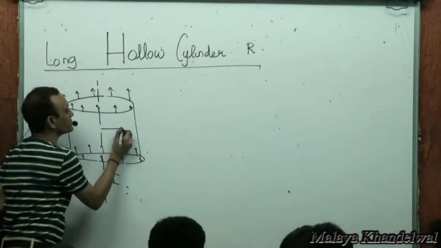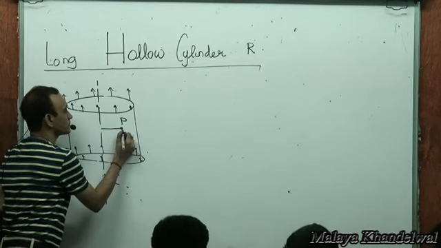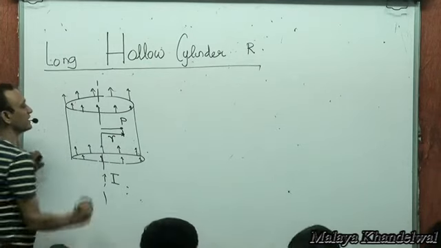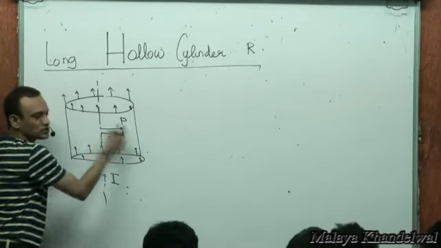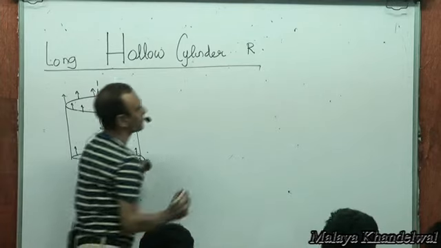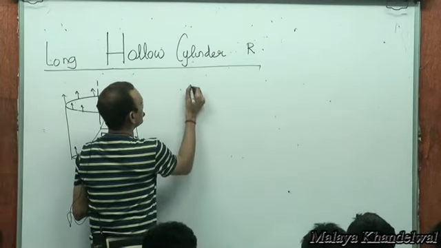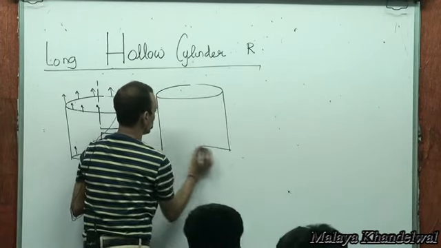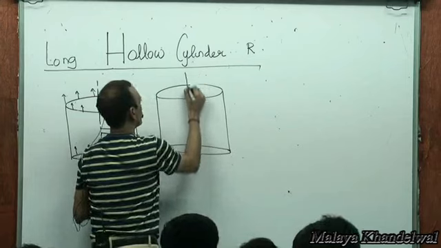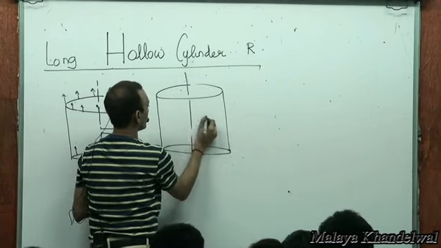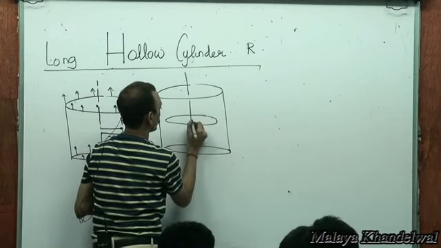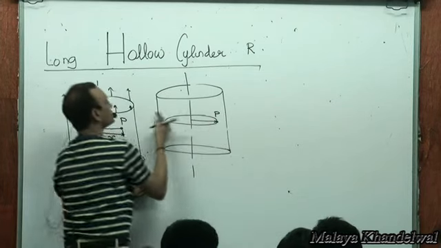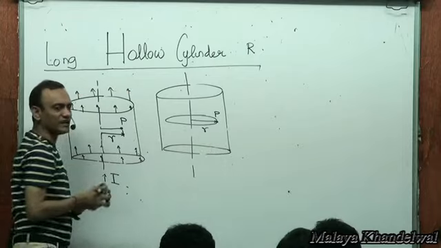Suppose I select a point P inside this at a distance r. I select a point at a distance r from the axis of the cylinder, right? Then for this point P, I can imagine an Amperian loop of radius r.